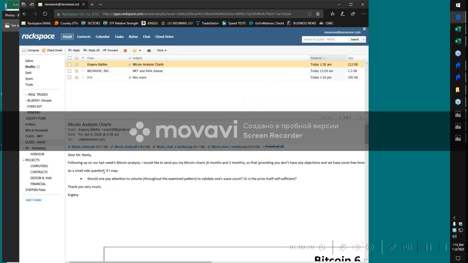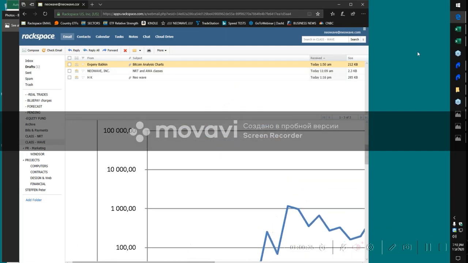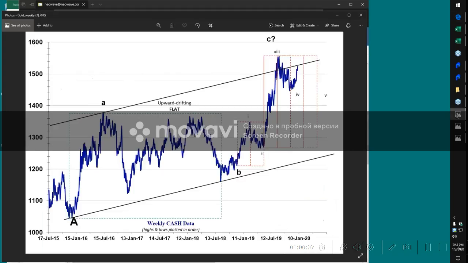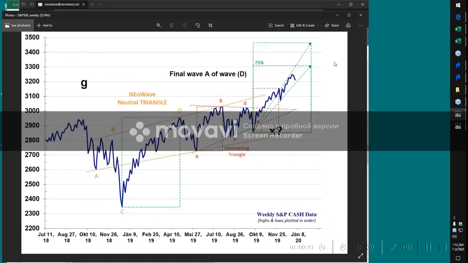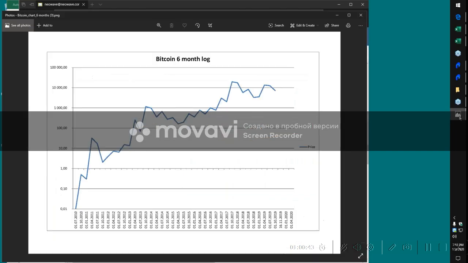Well, I've done my own analysis and I assume that this is a complex corrective rally lasting over 10 years. Except for this move here, the rest of it looks pretty corrective to me.